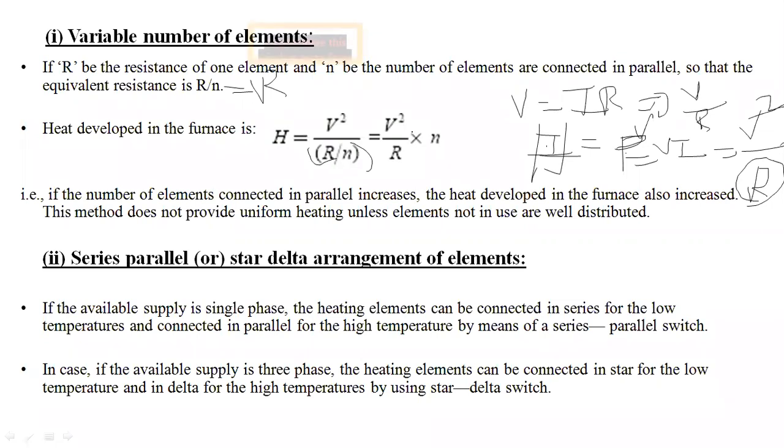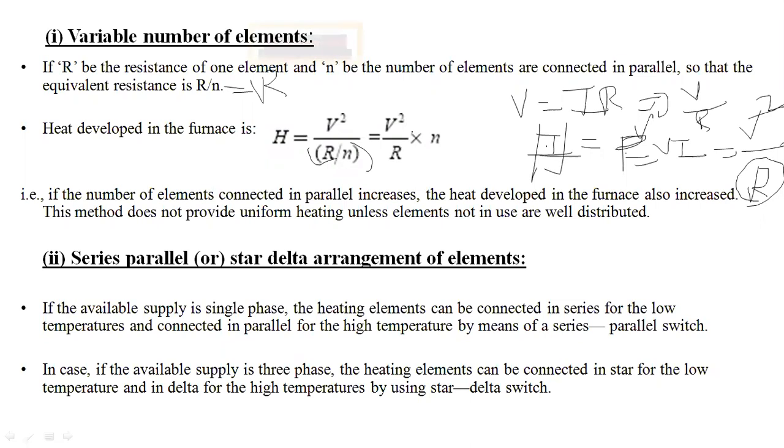For low temperatures, the elements used for heating are connected in series. Whereas to get high temperatures, we connect the heating elements in parallel. That's why this is called a series parallel switch. I hope you all understand this.